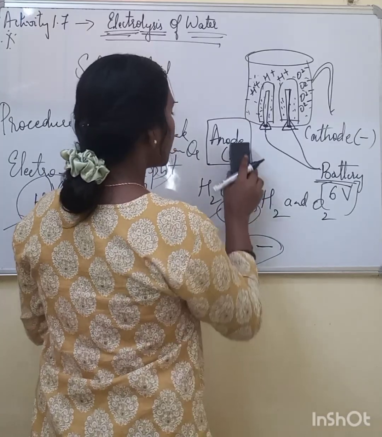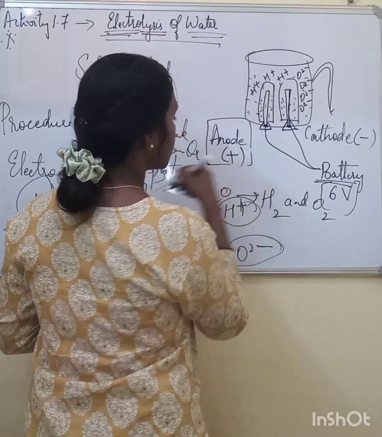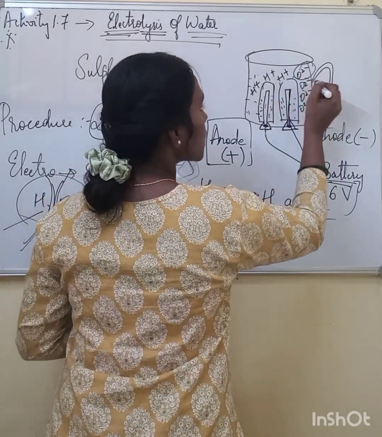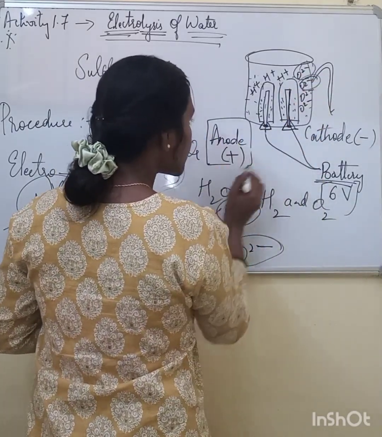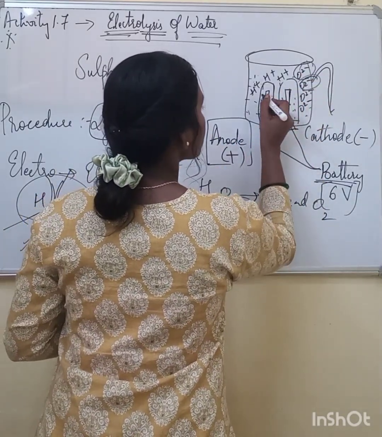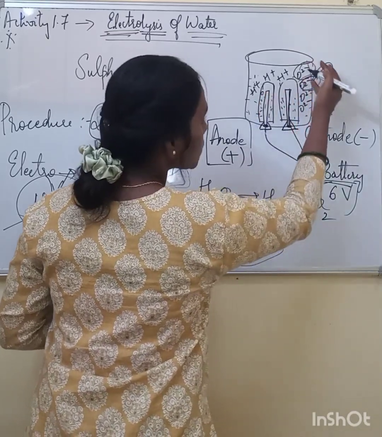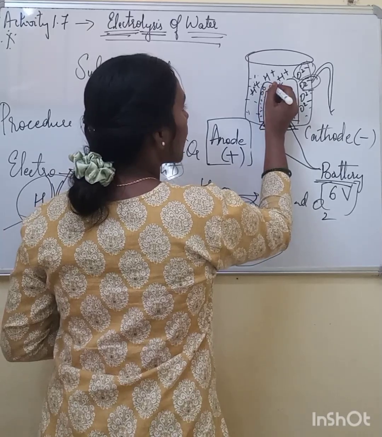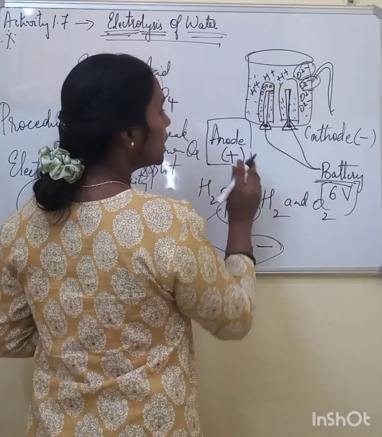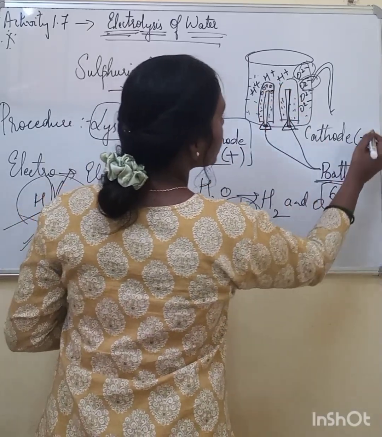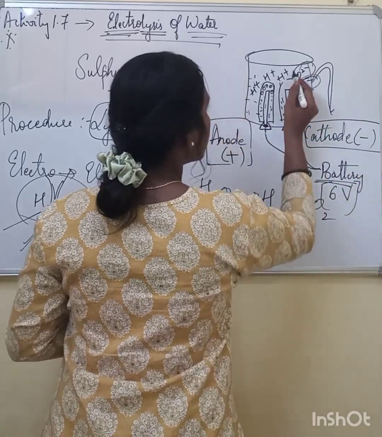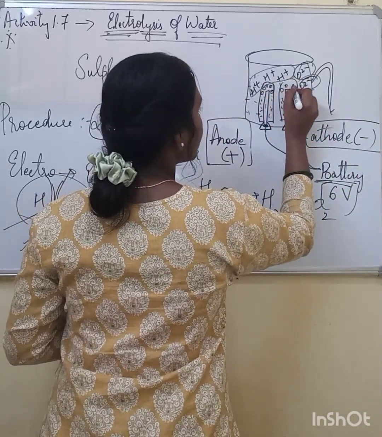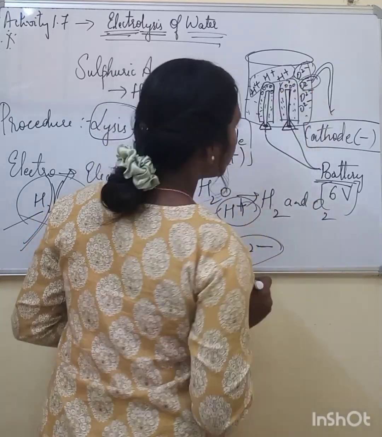Similarly here the anode is positively charged, correct? So this positive will always attract negatively charged ions. So towards the anode, the oxygen ions will come and settle over here in the form of gas bubbles. Then towards the cathode, which is negatively charged, these H+ ions which are positively charged will come and get collected above the electrode here.